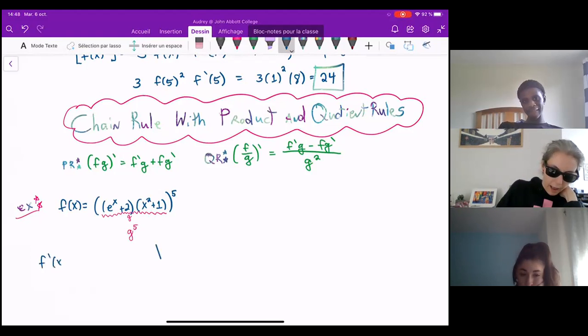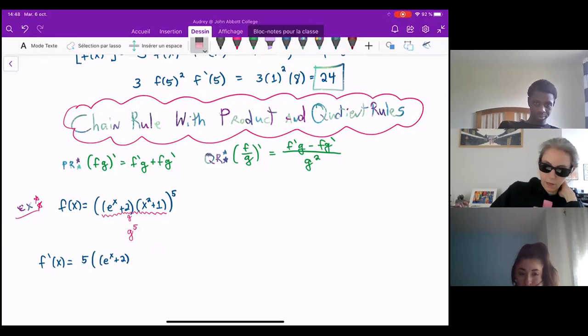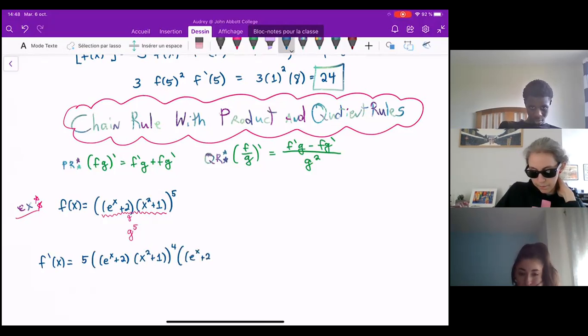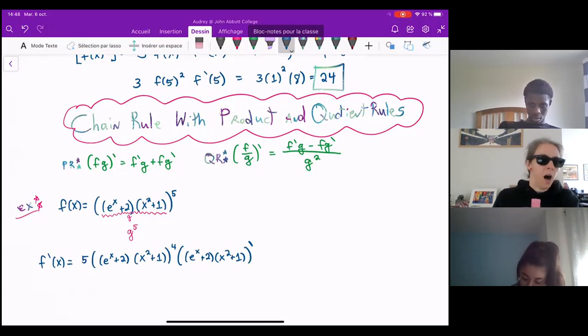So I'm going to do this exactly the same way that we did yesterday. I'm going to bring the 5 down, e to the x plus 2 times x squared plus 1. The new power is going to be 4, and then I bring that inside function to the outside and I prime it.